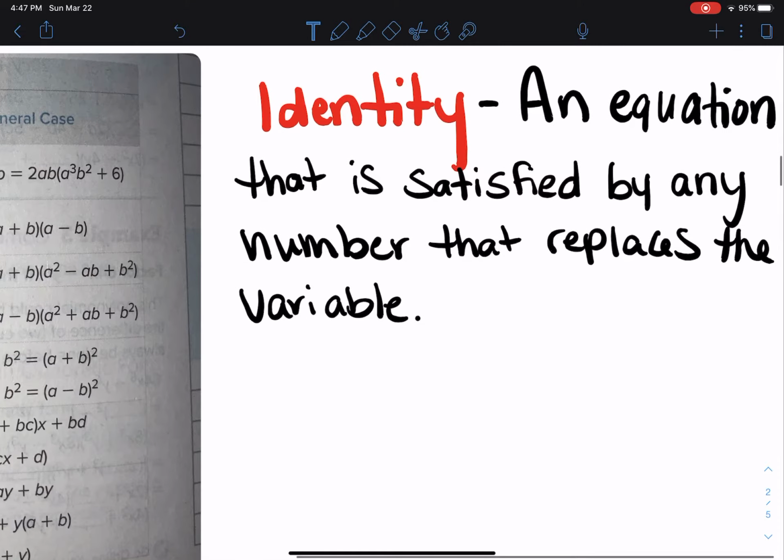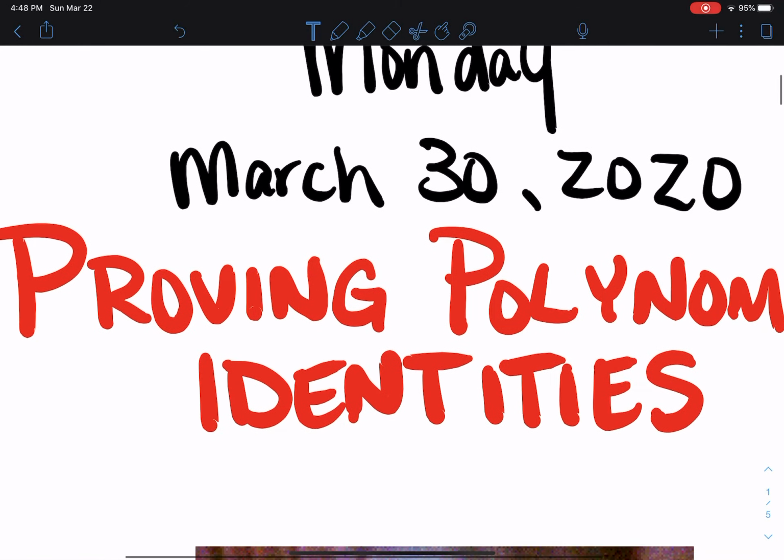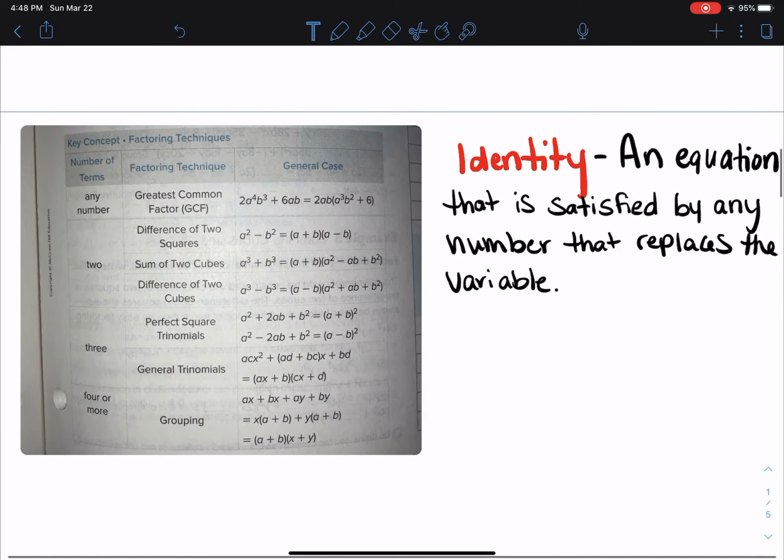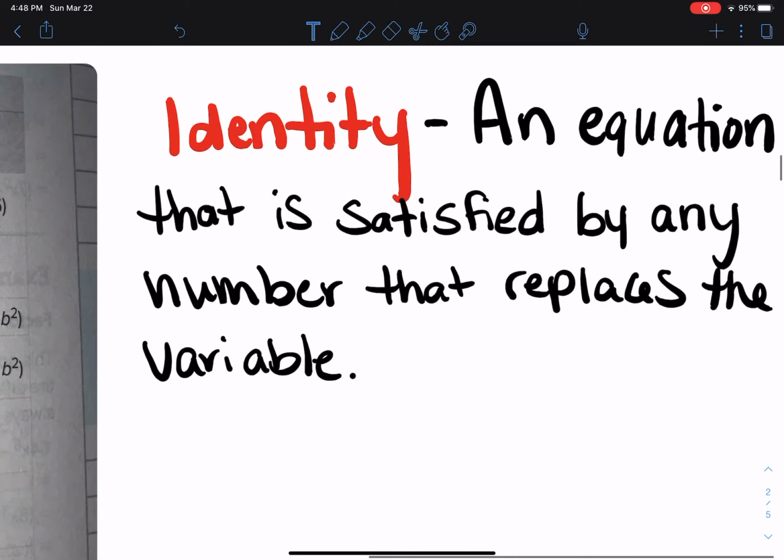The identity, since we're talking about proving identities, we should probably know what an identity is. An identity is an equation that is satisfied by any number that replaces the variable. So no matter what number you put in, it'll be true, basically, is what it means.